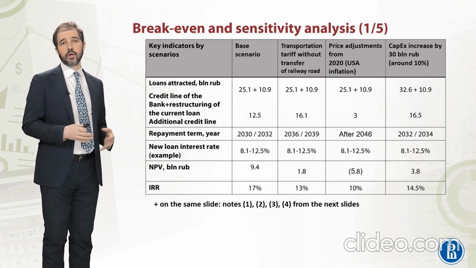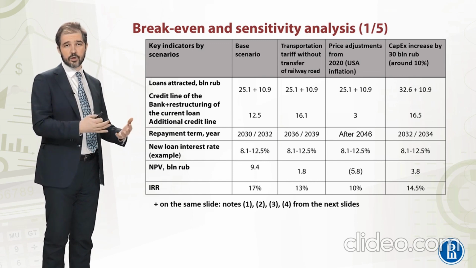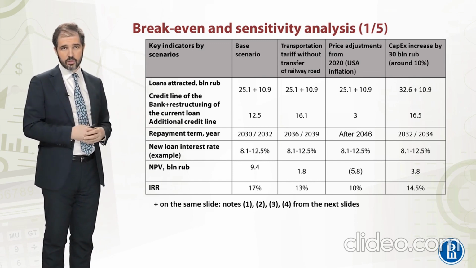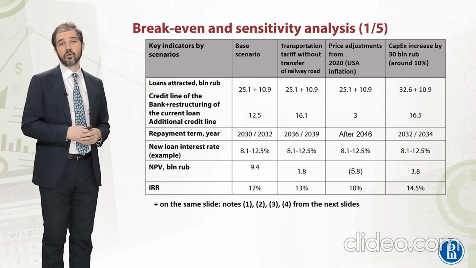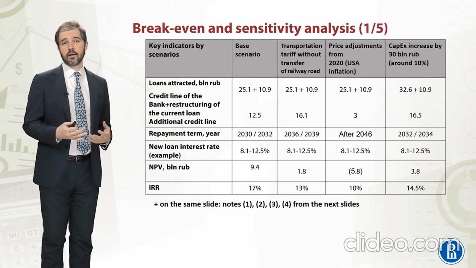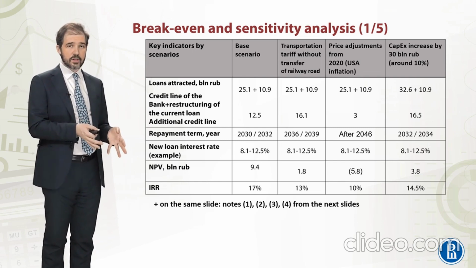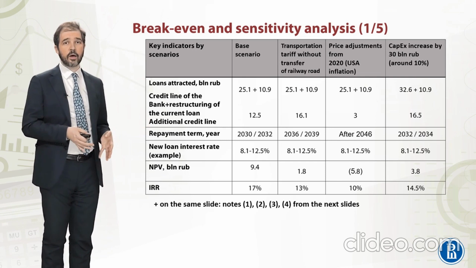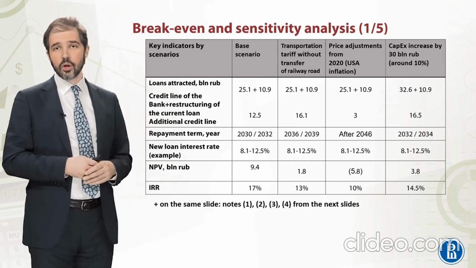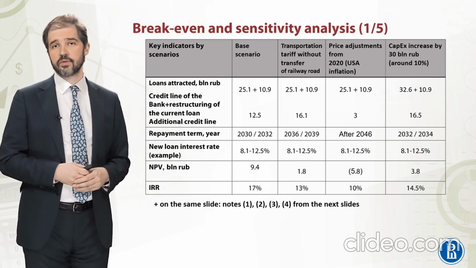But certainly the questions will be whether the banks want to provide these loans, and whether they are happy with the conditions and the assumptions, because this is the basic scenario. And banks or some other investors try to calculate additional, more conservative scenarios.